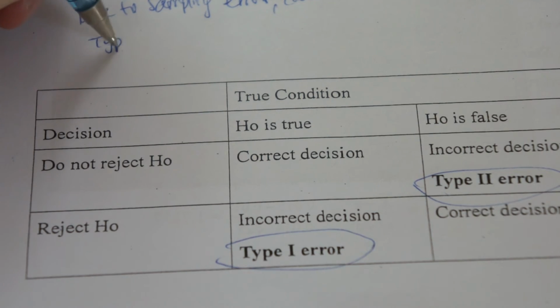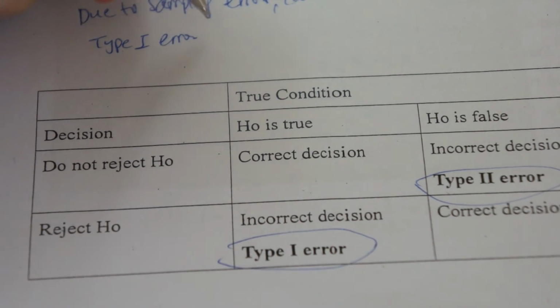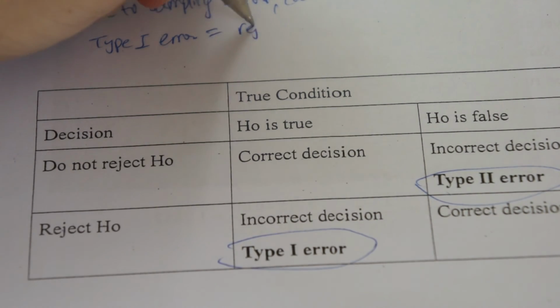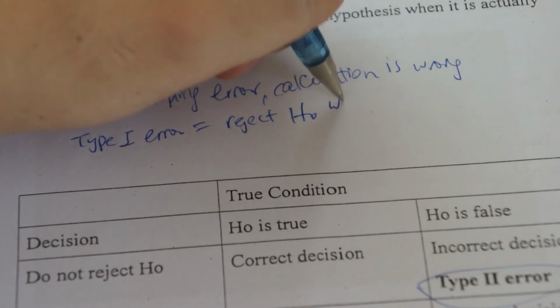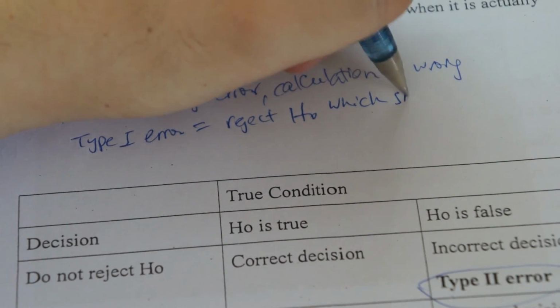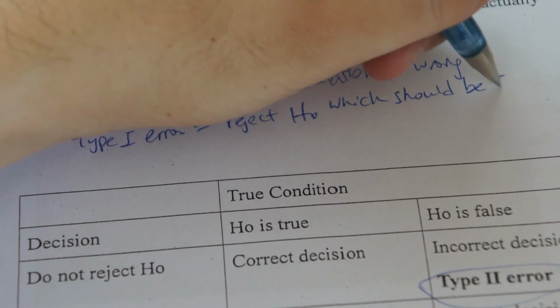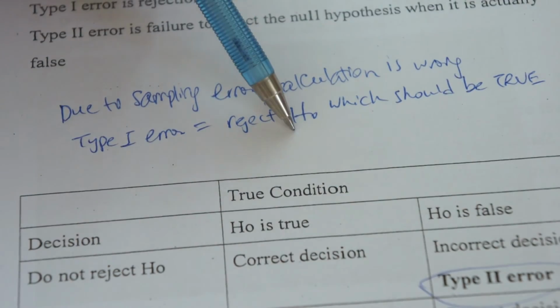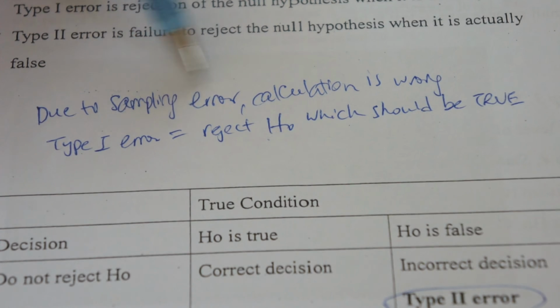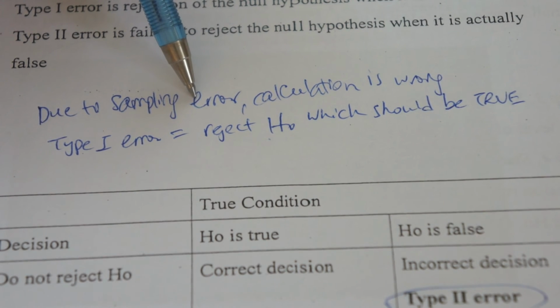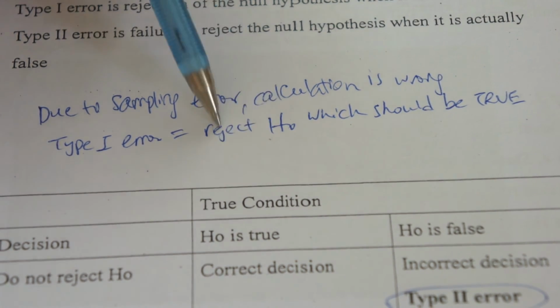So type 1 error is when we reject the null hypothesis which should be true. If it is true, then we should not reject it, but due to sampling errors, maybe the sample mean or sample proportion has some mistakes and bias, that makes us reject the null hypothesis. So this is called type 1 error.